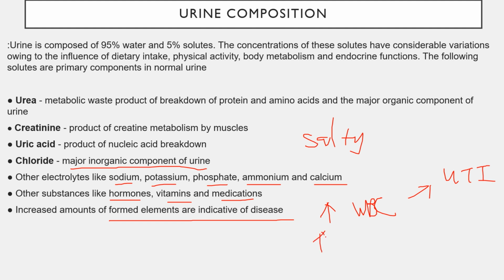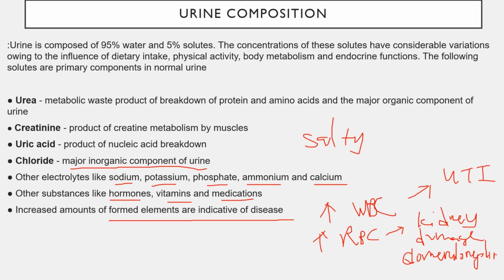If you found increased red blood cell, most likely your patient is suffering from kidney damage, specifically glomerulonephritis. So do take note of that. So increased amounts of WBC, RBC would indicate a type of disease.